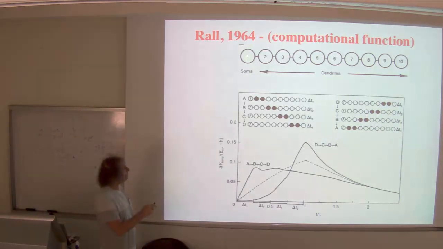So this is the cell body, this is my cable, these are my dendrites. Excitatory synapses can be anywhere; the black ones are the excitatory synapses. He showed by simulations that the temporal sequence of activation of your excitatory synapses is reflected differently at the cell body.